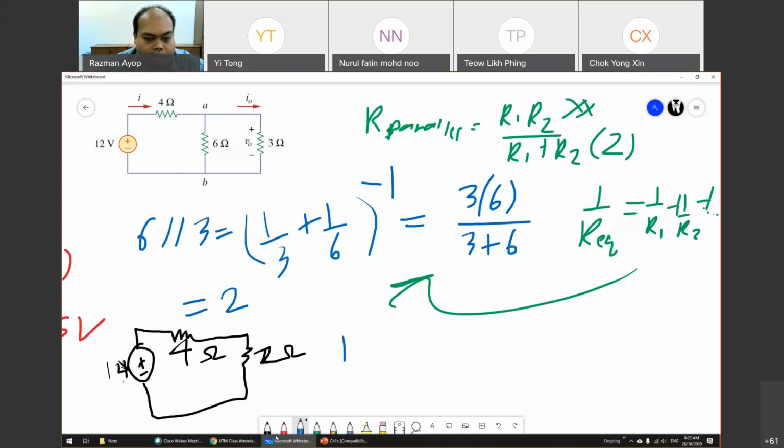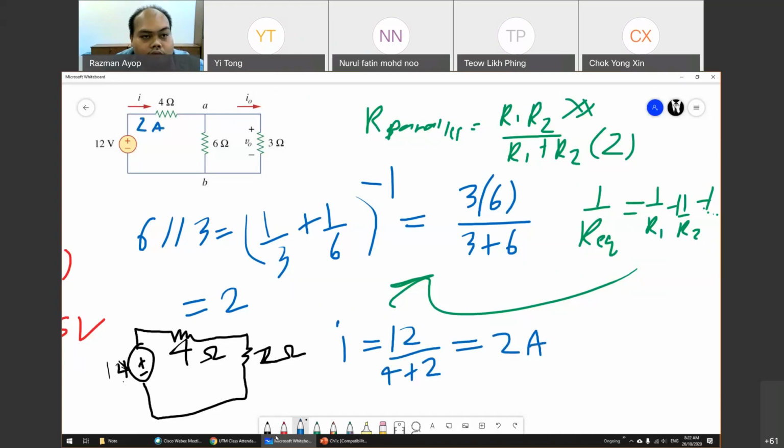So I equals 12 volt divided by 4 plus 2, resistance in series. So you get 2 ampere.